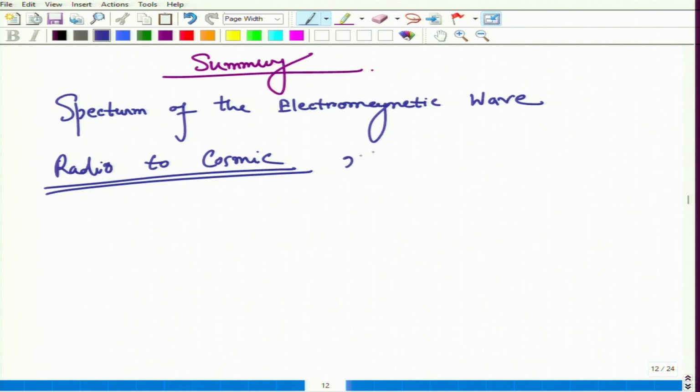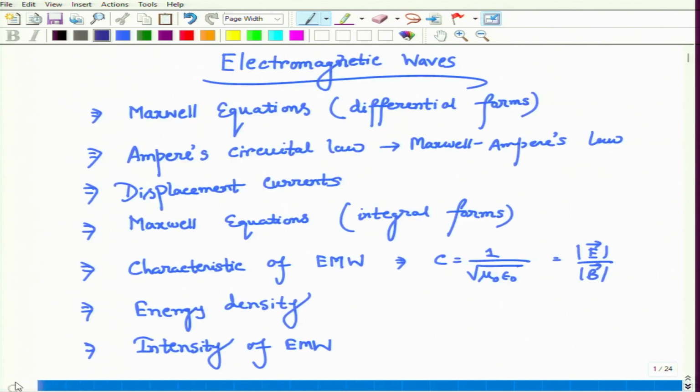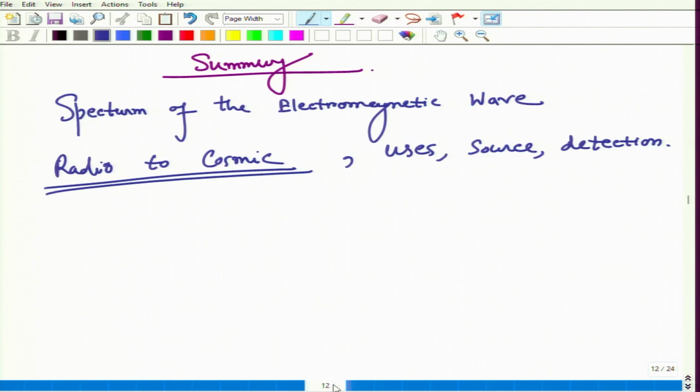Okay, and also we have studied the uses, source of those spectrum and the detection. So nothing left. Also we have discussed the previous parts at the starting.